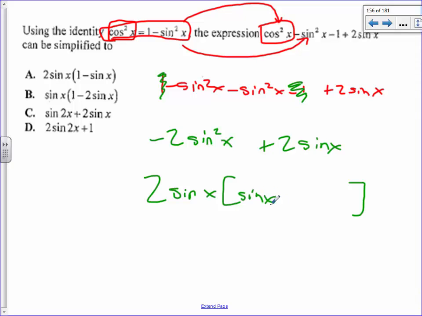So that's a sine x. But it has to be a negative sine x, unfortunately, because there's that negative up front. And then this guy right here, since you factored out 2 sine x, and he was 2 sine x, the only thing left is the number 1. If I just flip the order of those terms, it's a.